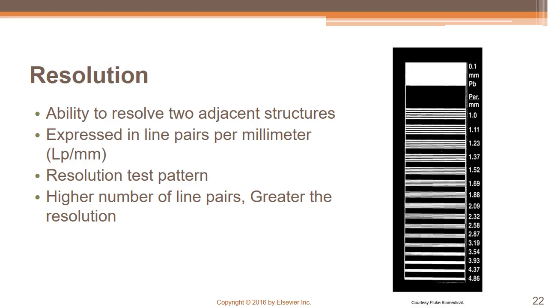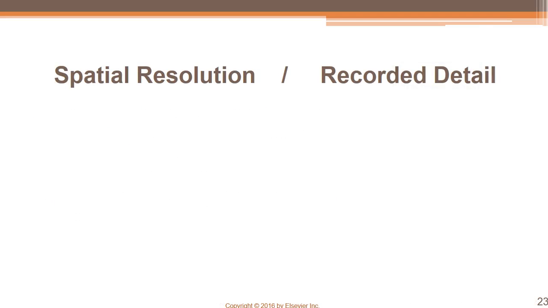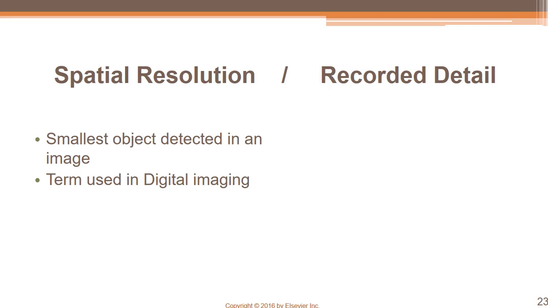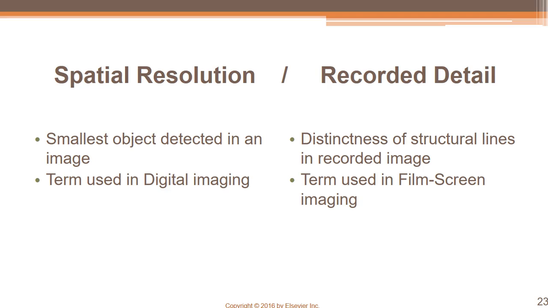Now when we look at resolution, that's just in general, two structures side by side. Now we have something called spatial resolution or recorded detail. Spatial resolution refers to the smallest object that can be detected, and that's what we use in digital imaging. Recorded detail is also the distinctness of structural lines, but we use that term in film screen.